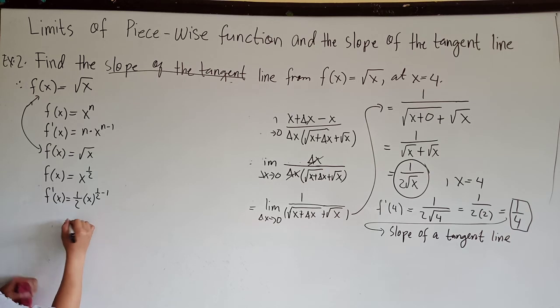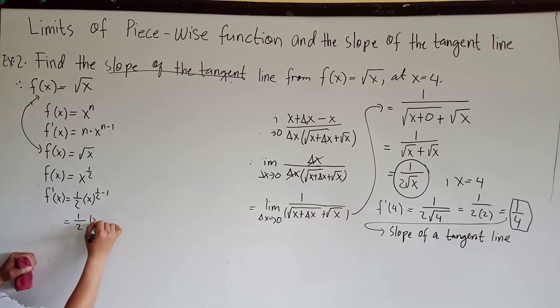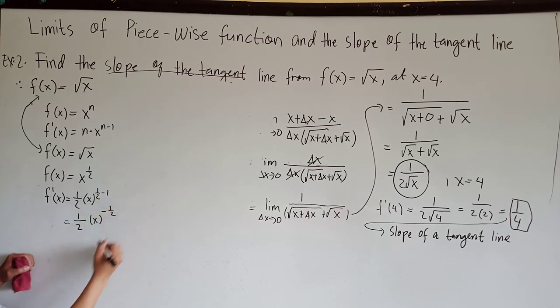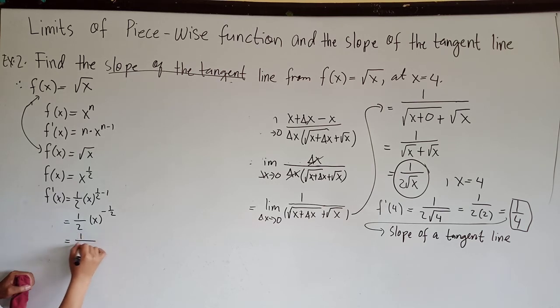So that is just equal to 1 over 2 times x to the power of negative 1 half. To make the exponent positive, we move it to the denominator.